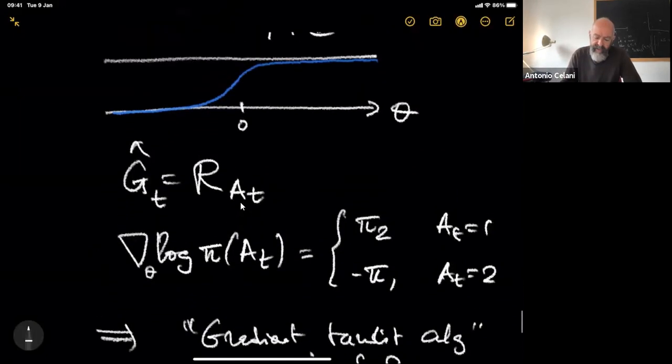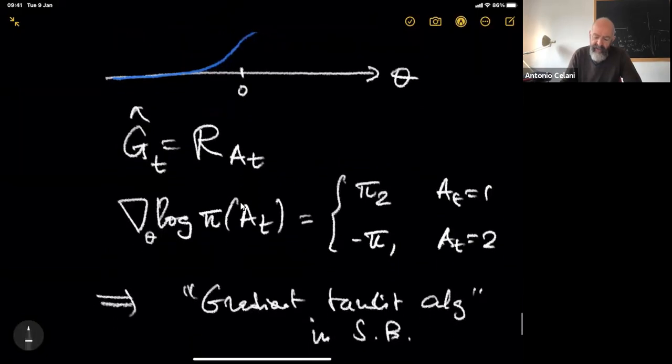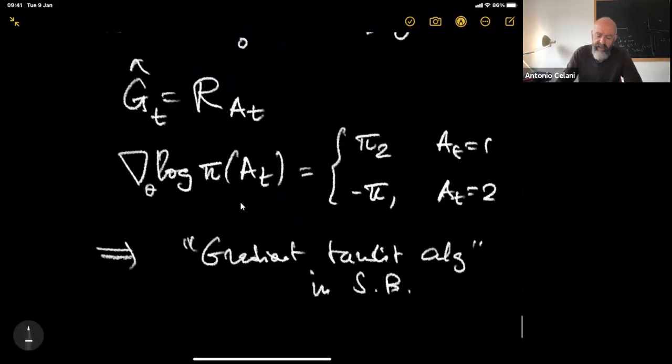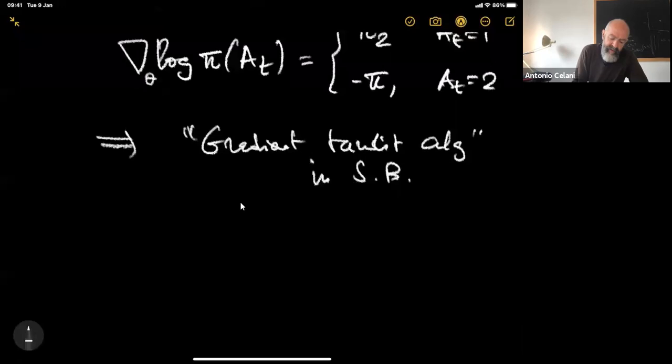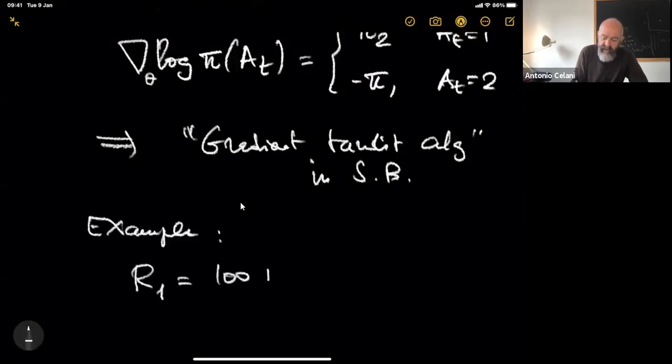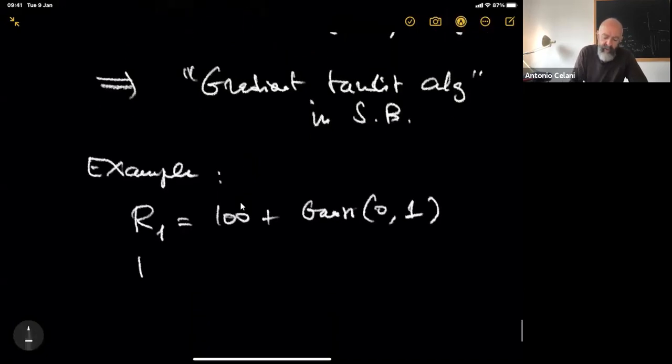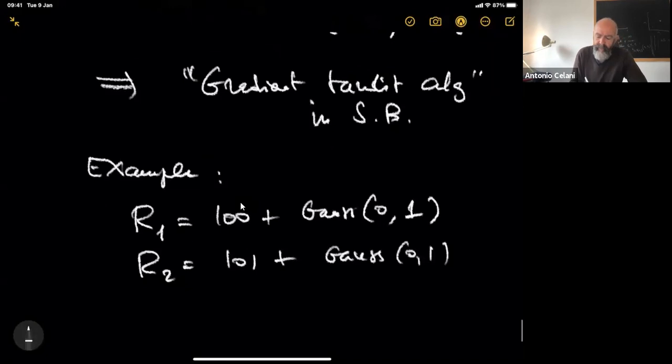One of the problems, and it's the major one actually, which I want to discuss here, is that this algorithm behaves differently depending on the rewards. Suppose the reward for 1 is 100 plus some Gaussian noise with 0 mean and variance 1, and your reward 2 is 101 plus the same Gaussian. Okay, so this is problem 1.